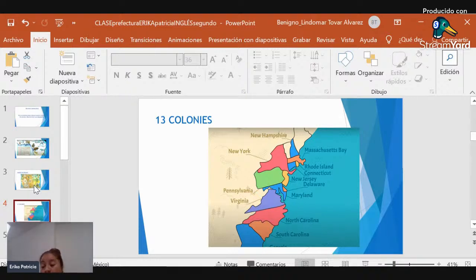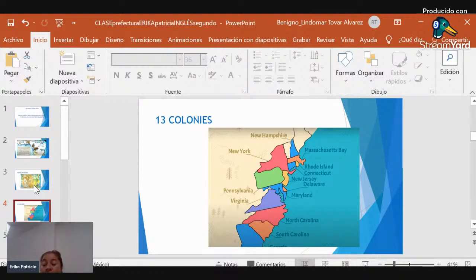So the people that were mainly from England stayed in the 13 colonies, and the population in the United States was specifically in this area. Just a little, others were all around the country.